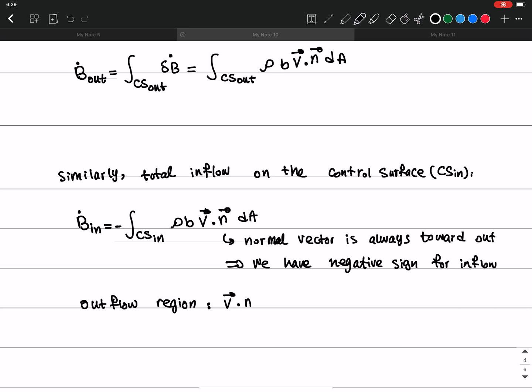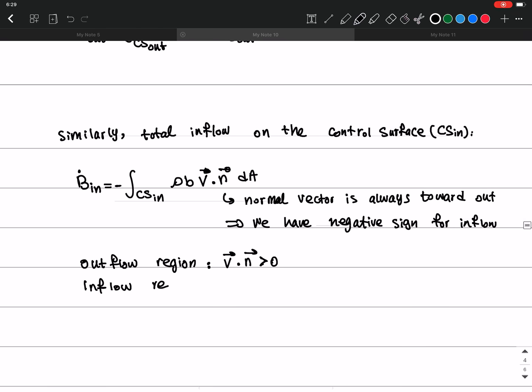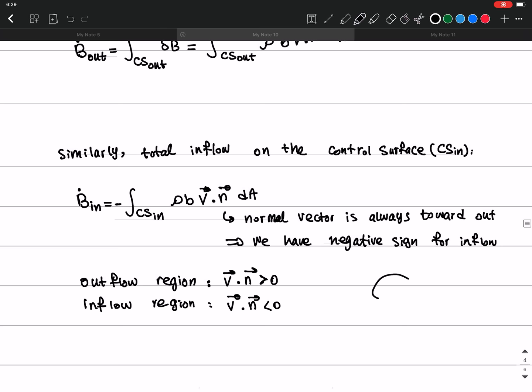V dot N is always positive because this is outflow, and for the inflow region, V dot N is going to be negative. And it's clear again, I show it again here just to remind you.